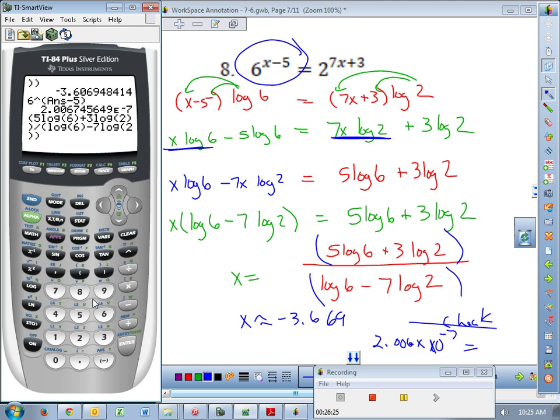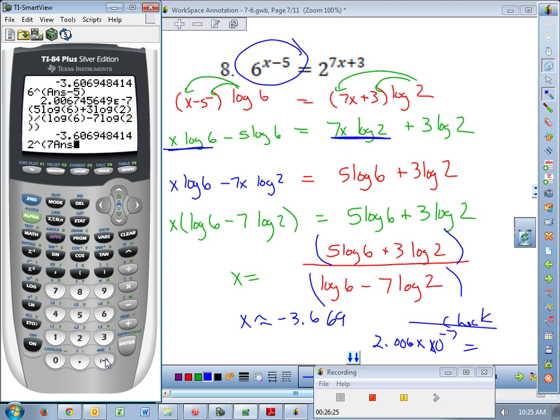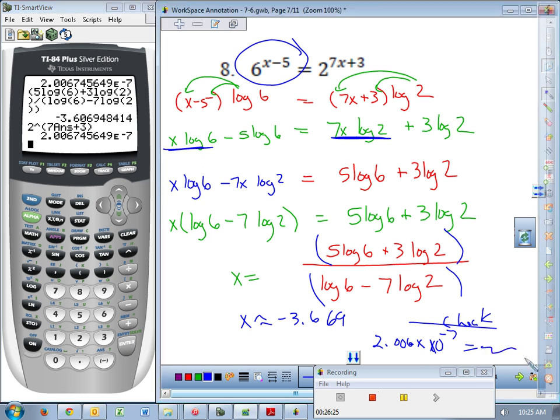Now, let's punch it in. 2 to the parentheses 7 times the previous answer plus 3. I better get the same number I had before, and I did. Check. Cool. Fun, fun, fun. Trust me, you'll do this quite often in the job that you get.